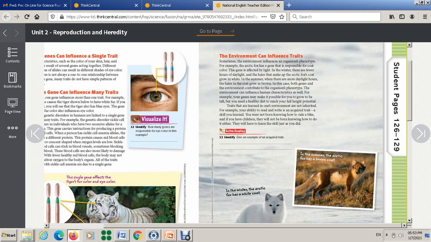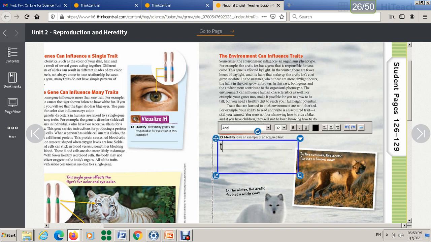Give an example of acquired traits, the things that you acquired. Actually, the ability to read, the ability to write, these are examples.